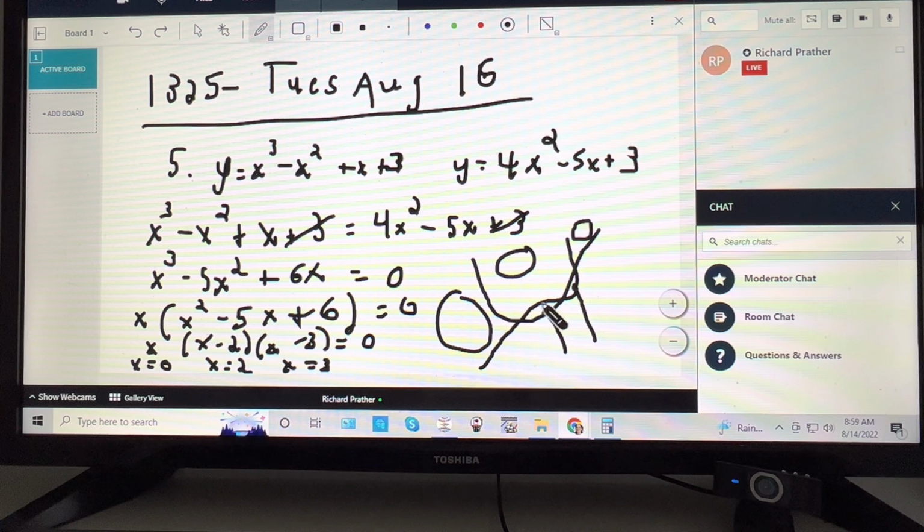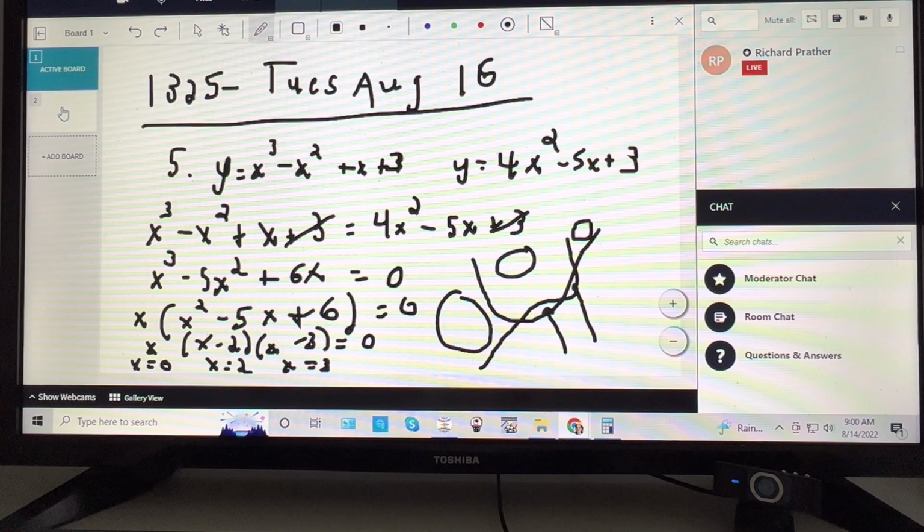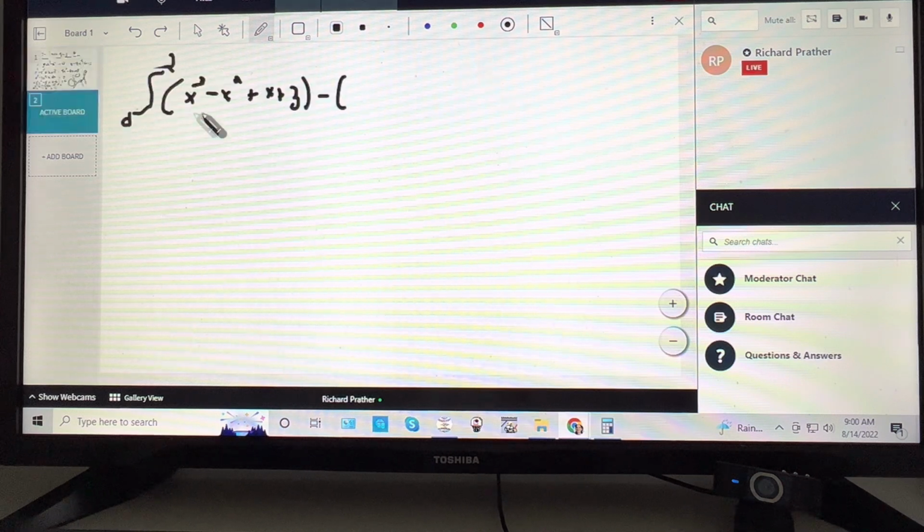And there's a reversal, though. The cubic function's above the quadratic from 0 to 2, but then from 2 to 3, the quadratic's above the cubic. So that's why we do need 2 integrals. We need an integral from 0 to 2, where the cubic function, x cubed minus x squared plus x plus 3, is above the quadratic, 4x squared minus 5x plus 3.